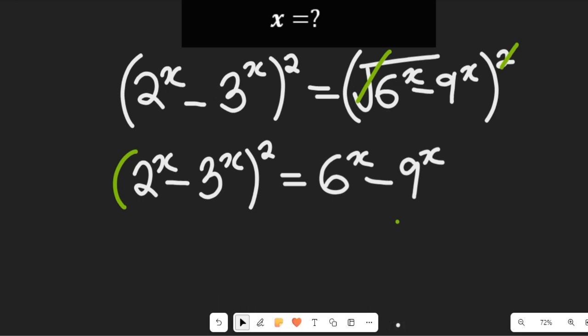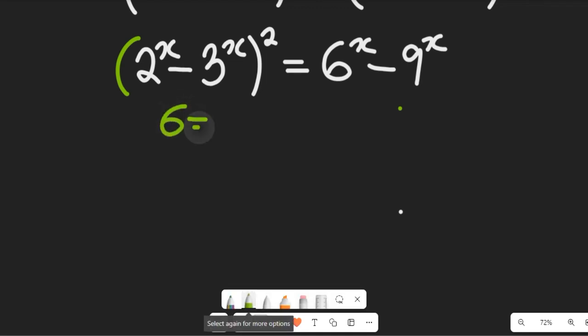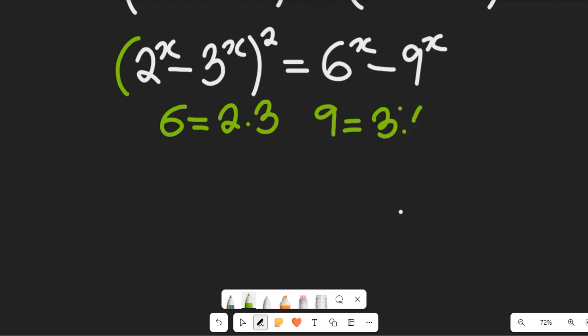Great. Now in the next step, I'm going to simplify. As we simplify, I want you to bear in mind that 6 can be equal to 2 multiplied by 3, right? And 9 can be equal to 3 multiplied by 3.